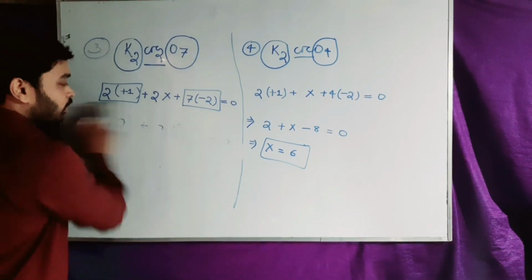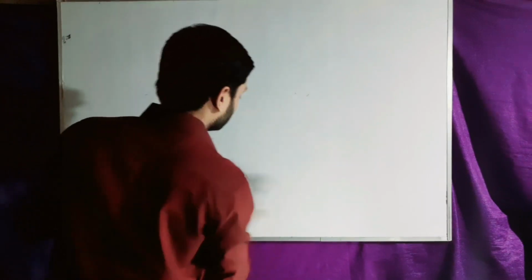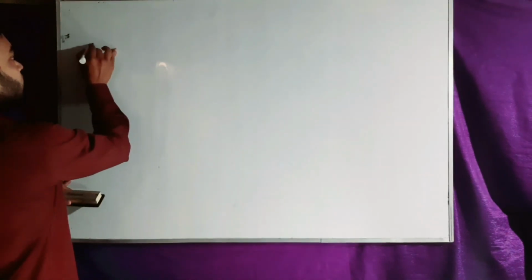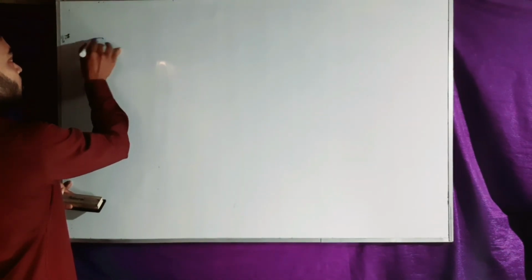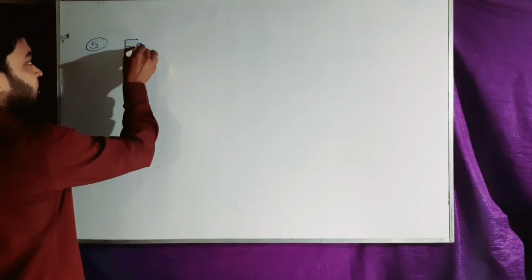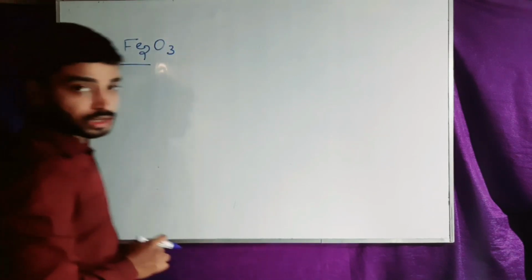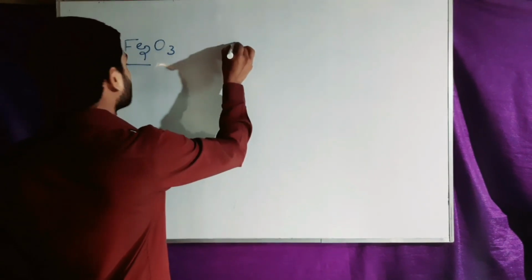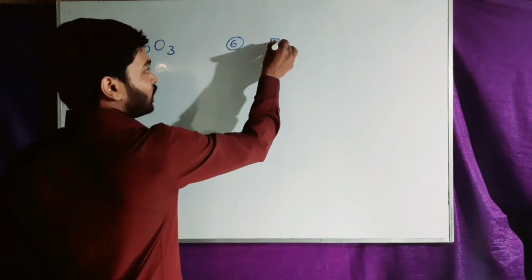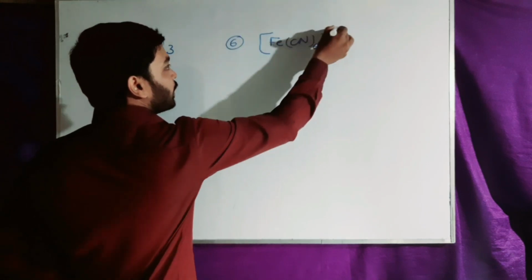Now I am wiping this portion and writing 2 more questions for you. The next question, the 5th question, is Fe2O3, where I am underlining Fe, or iron, and the other question is Fe(CN)6 with charge 3 minus.